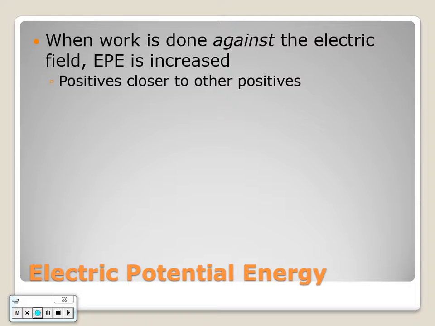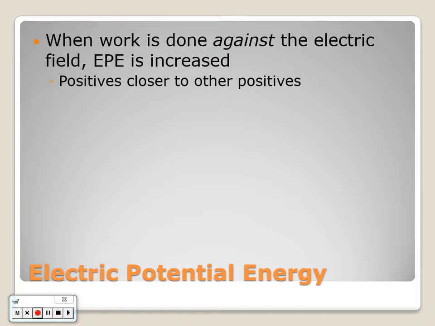So now if we start answering this question, right, it says, what are three ways that electrical potential energy increases by changing position, right? The biggest thing that we have to keep in mind, and maybe you put a star next to this one first, is we have to move objects against the field, okay? The first way we can do that is move positives closer to other positives, all right?